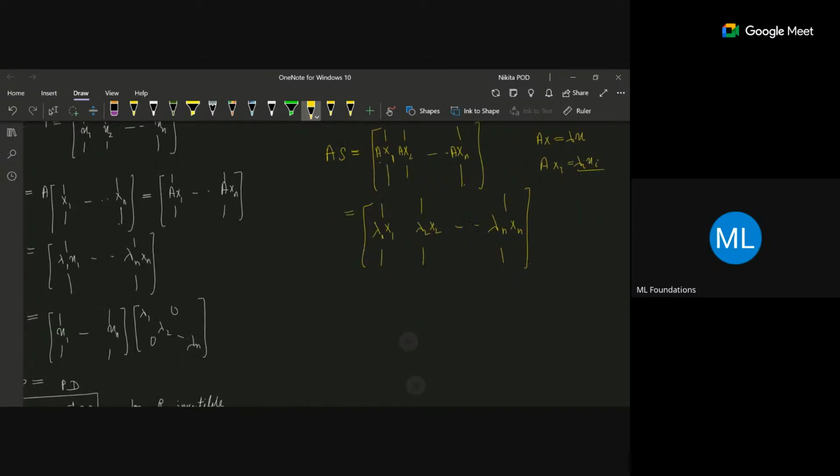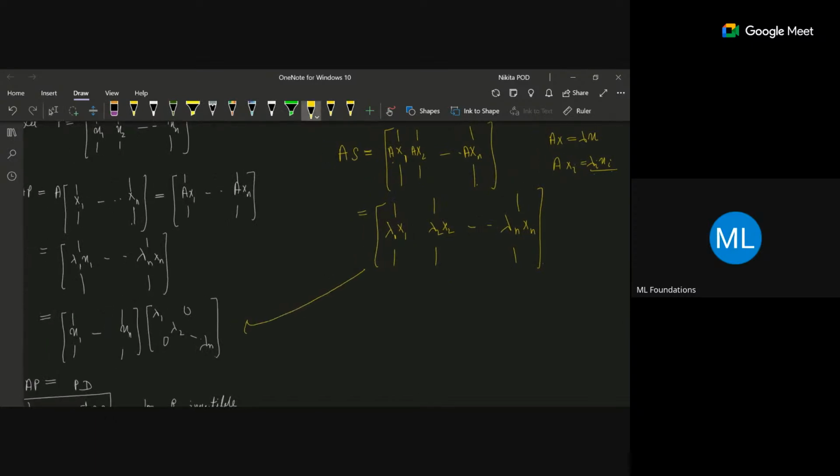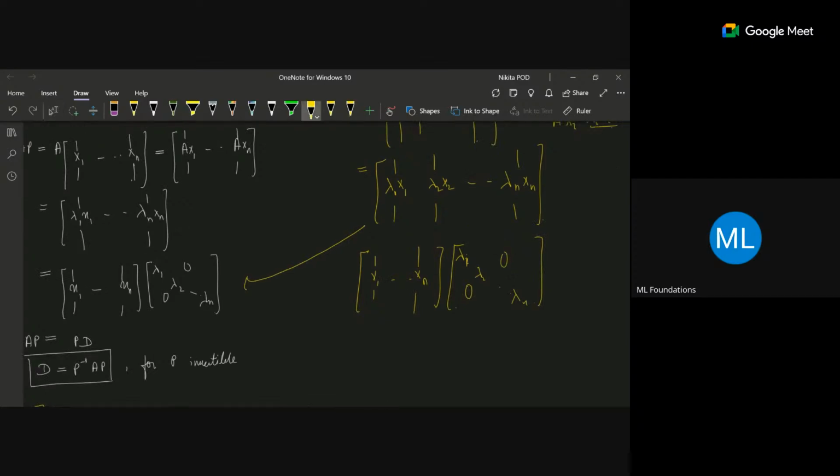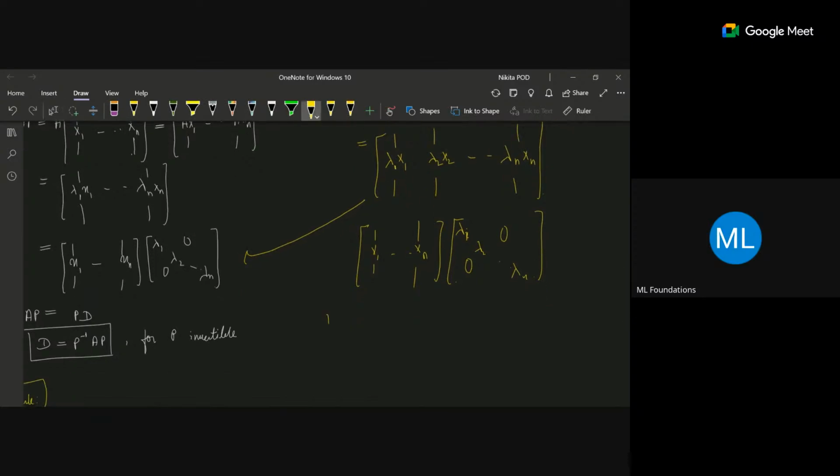Now you can write this as the product of the eigenvector matrix S and a matrix with lambda 1, lambda 2 until lambda n on the diagonal and all other entries 0. So we started with AS and we end up with S times this diagonal matrix D.